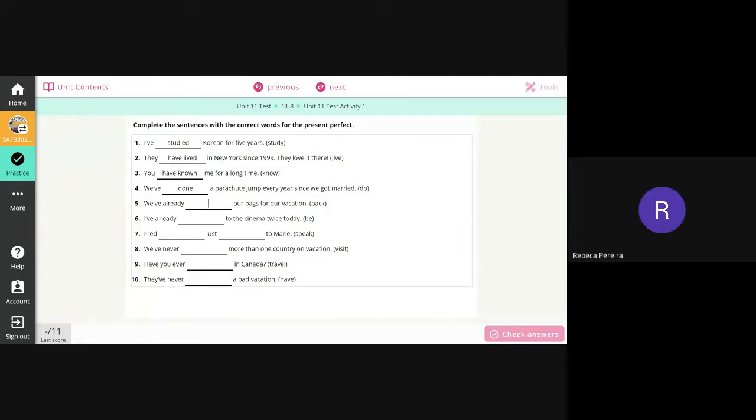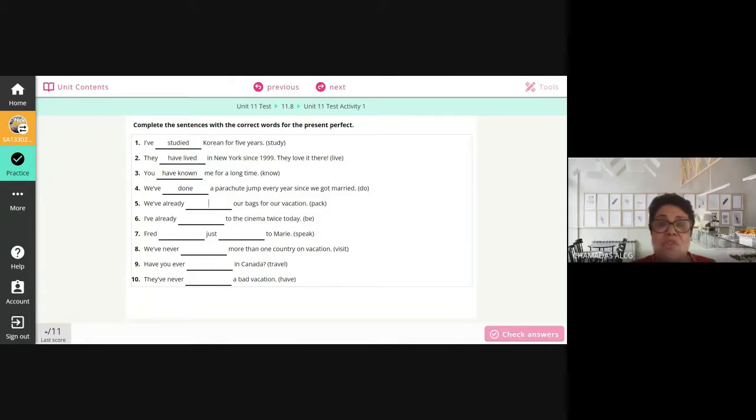Yes. So. To pack means fazer as malas. When you travel, you have to pack before you go. Okay? You have to pack your things before you travel. Okay? So here, the person is saying, we've already our bags for our vacation.